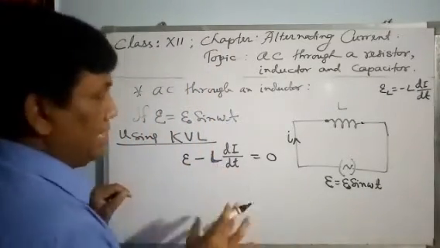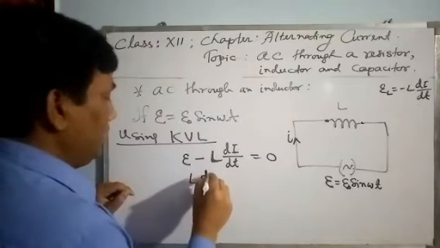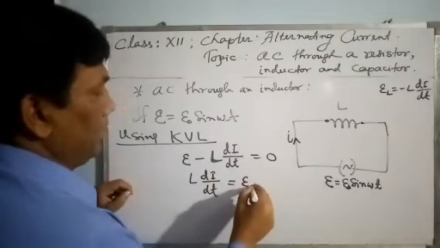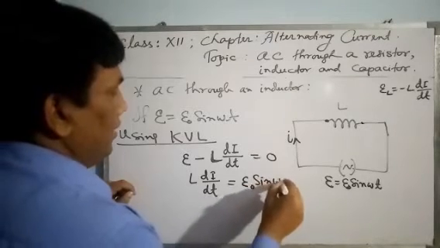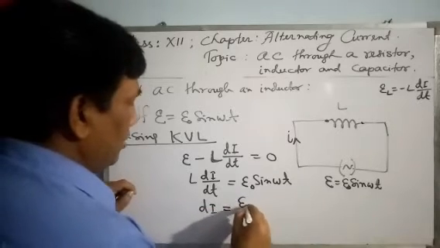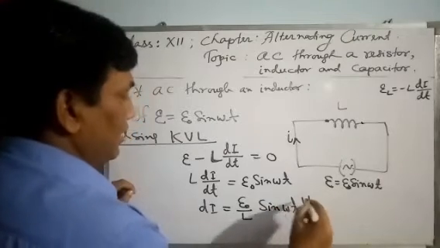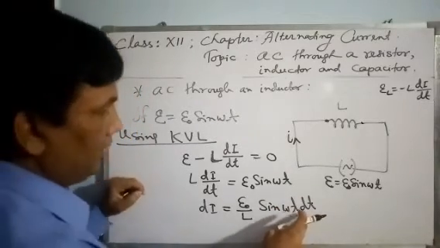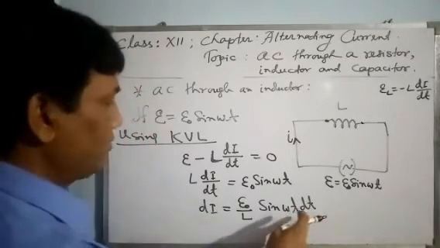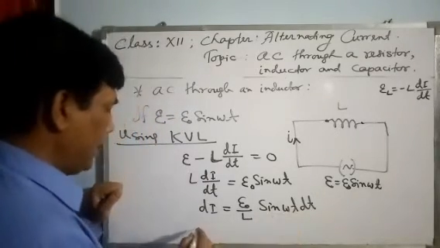I need the current. Then L di dt equals E. But E can be written as E naught sin omega t. So di is E naught upon L sin omega t dt. On the right side it is the time variable, on the left side it is the current variable, so current is varying with time. If I integrate it, I can get the expression for current.